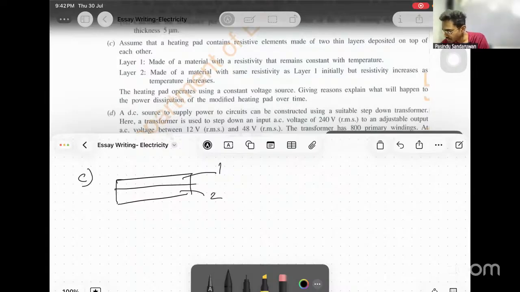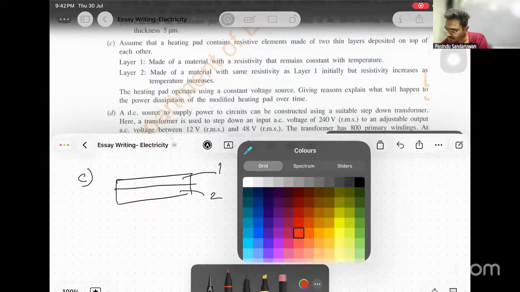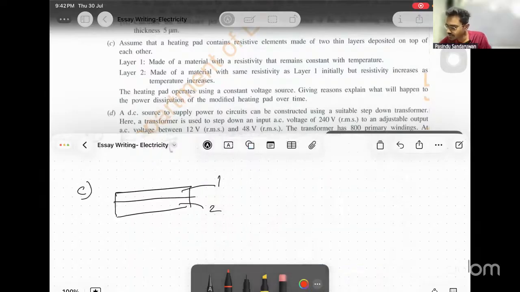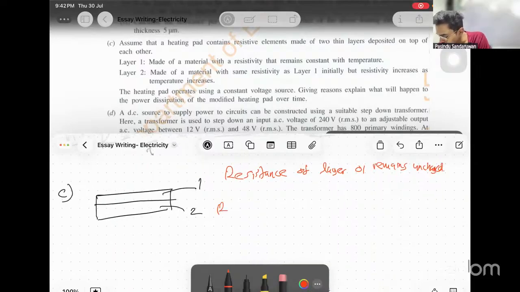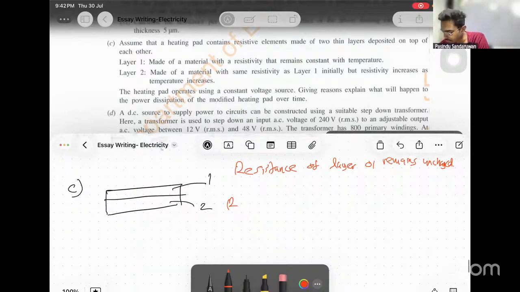Okay. Check these two separately. What happens? The resistance of layer 1 remains unchanged. Then the resistance of layer 2: over time, temperature increases.